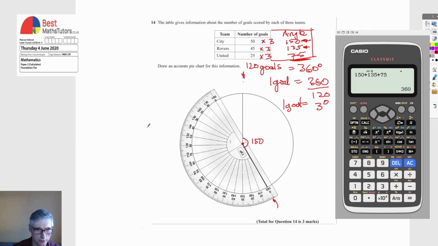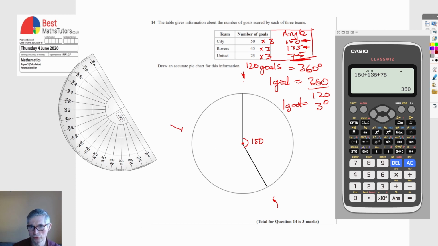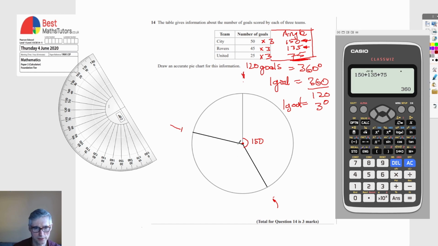So reading the outer scale all the way around, there we have 135 at that point. So I'm going to move the protractor again now, and then draw a line from the center in line with that point. So that angle, the one I've just measured, should be 135 degrees.